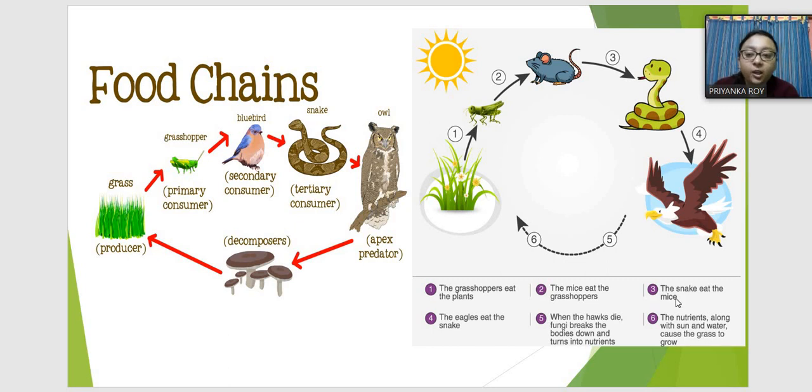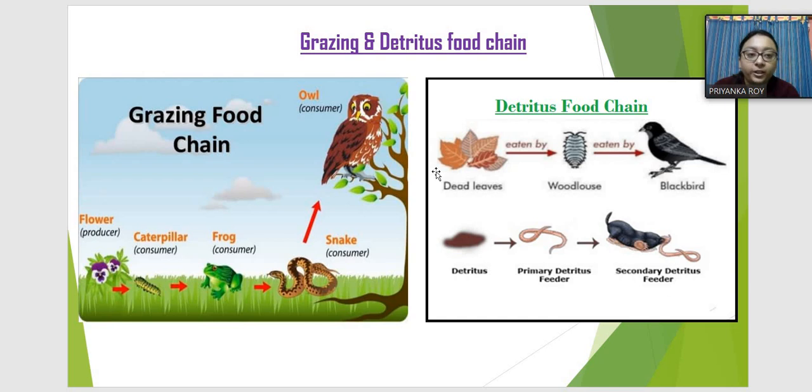So this is a very common food chain. Now food chain can be of two different types, the grazing food chain and the detritus food chain. So the grazing food chain is like what I discussed just now. This is the grazing food chain, where the animals are grazing animals, or they are eating the grasses and the green plants and like that.